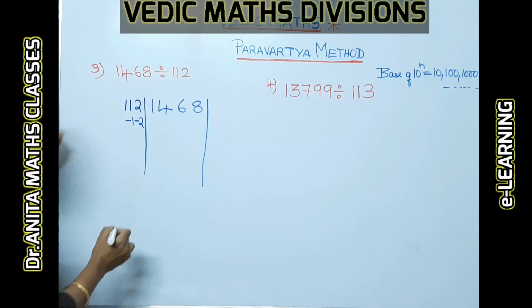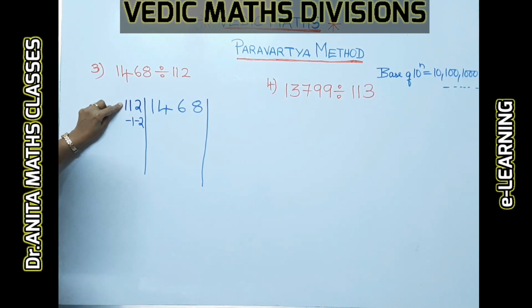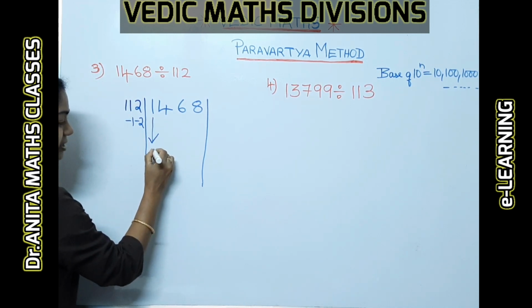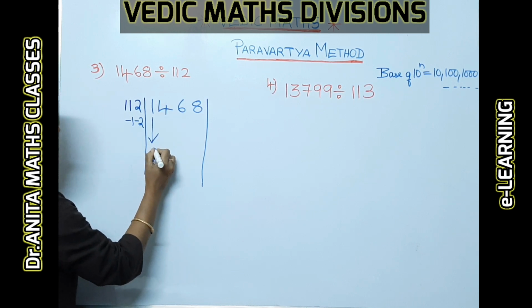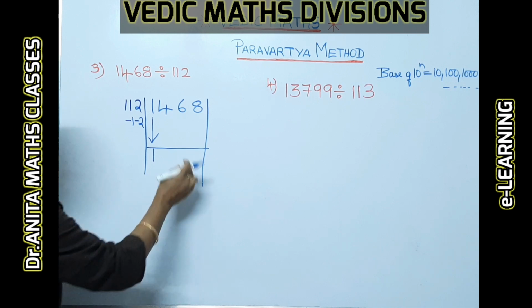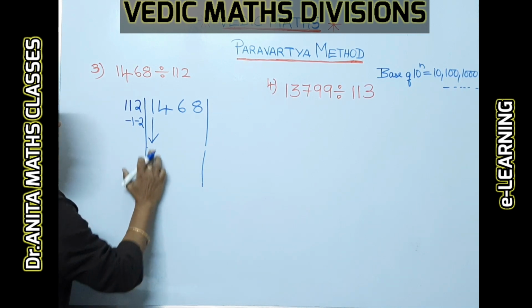So the hundreds digit 1 I have not considered. For the tens and the units I have written the transpose, minus 1, minus 2. As it is, we drop the first number, that is 1.